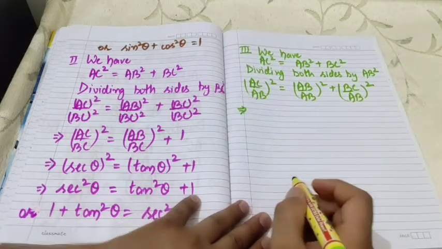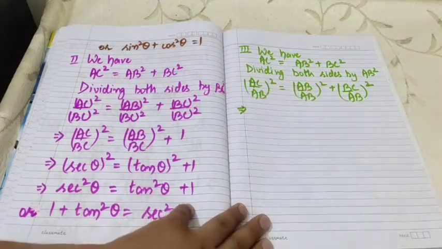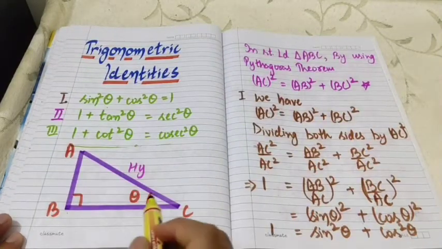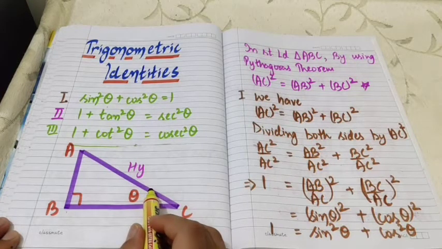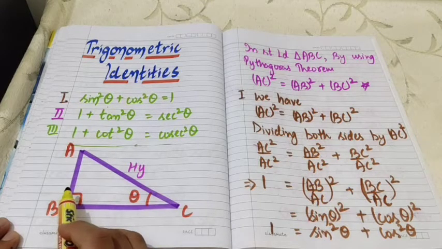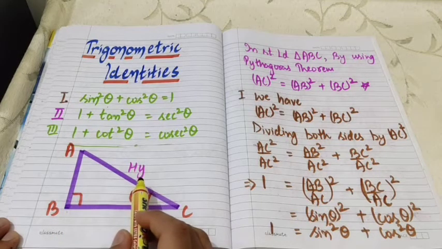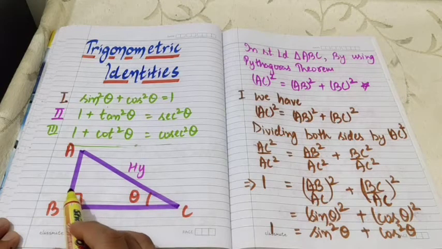And the ratio of AC to AB. With respect to angle theta, AC is hypotenuse and AB is the opposite side, and we know that the ratio of hypotenuse to the opposite side is cosecant of theta.